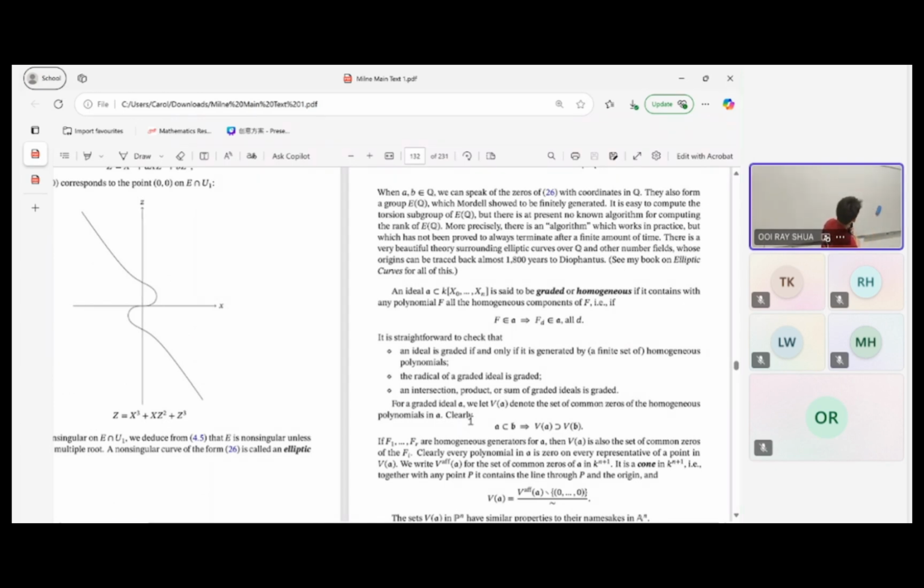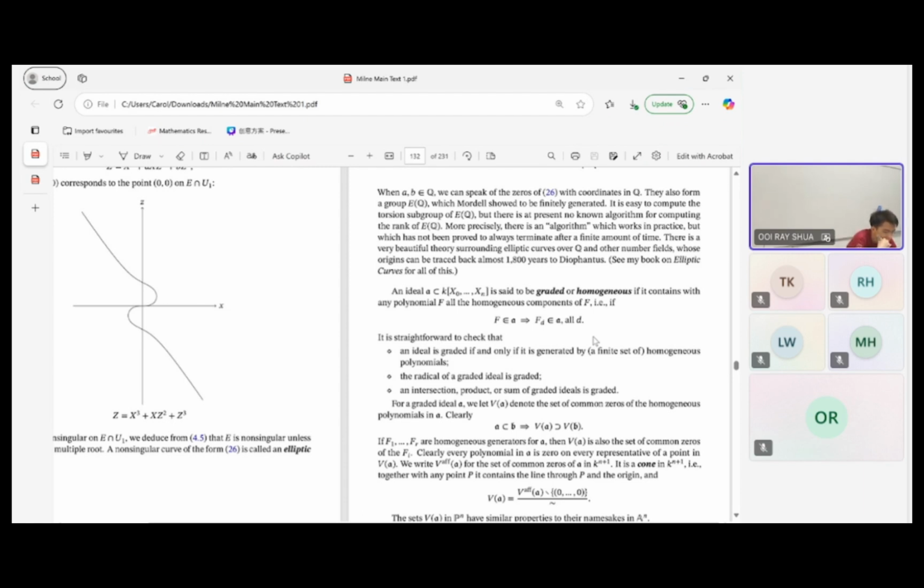If you start with an ideal generated by F1 to Fn, just take homogeneous components of all those polynomials. It's still finitely many of them.